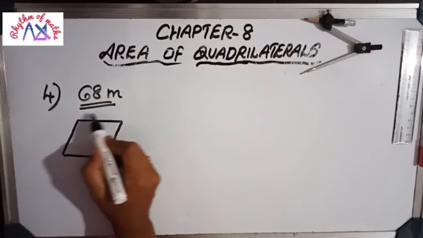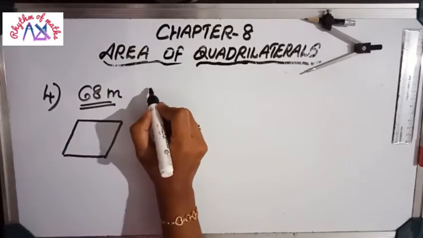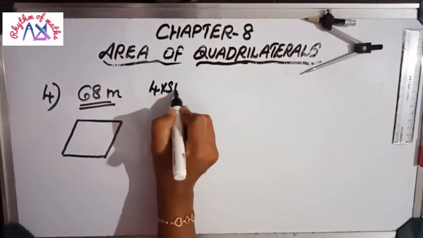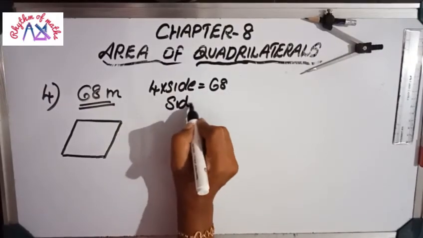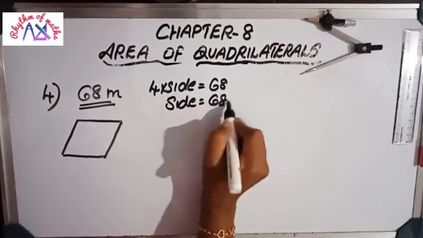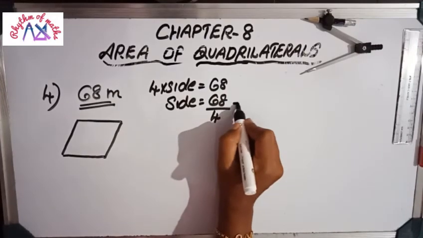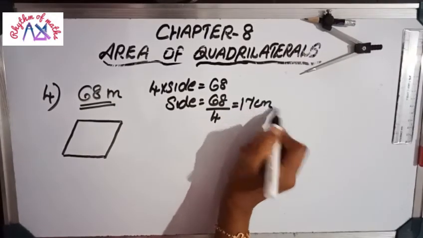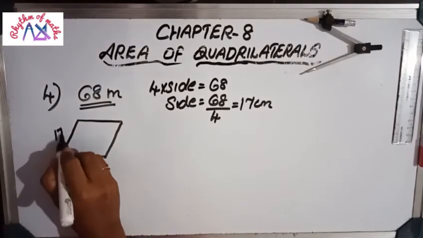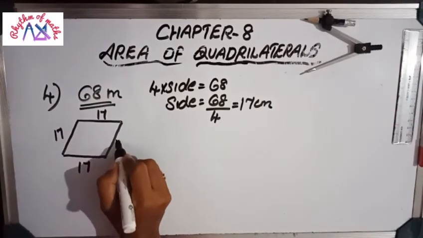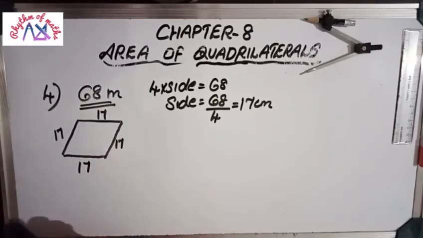So total four sides, 4 into side is 68. Okay, 4 into side is 68, means one side will be equal to 68 divided by 4, that is 17 centimeter. 17 centimeter will be the side of the rhombus. All the four sides are 17 centimeter.